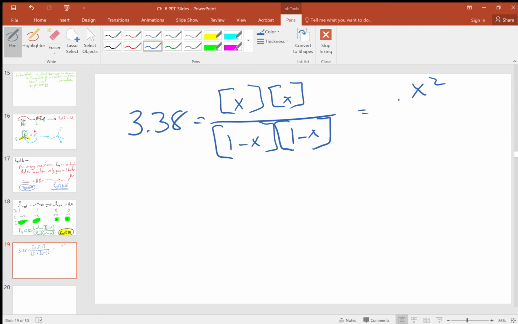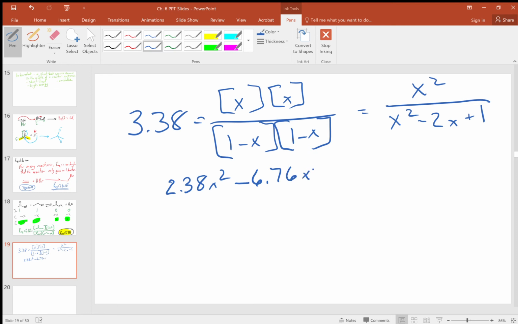So we get x squared over x squared minus 2x plus 1. And then we can simplify: 2.38 x squared minus 6.76x plus 3.38 is equal to 0.